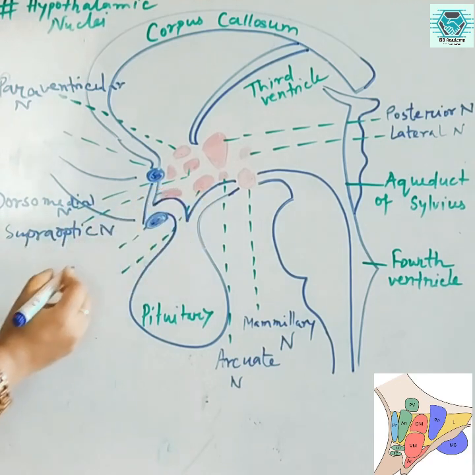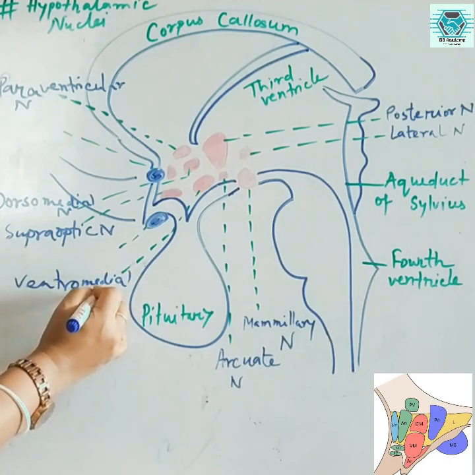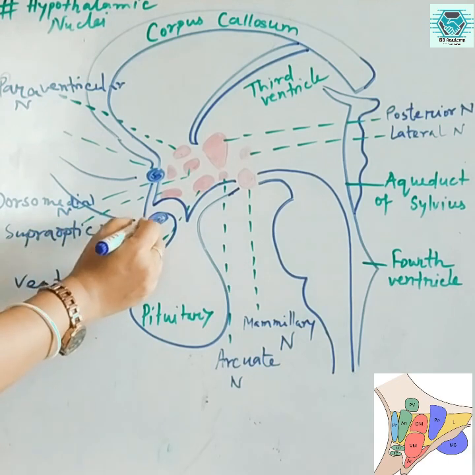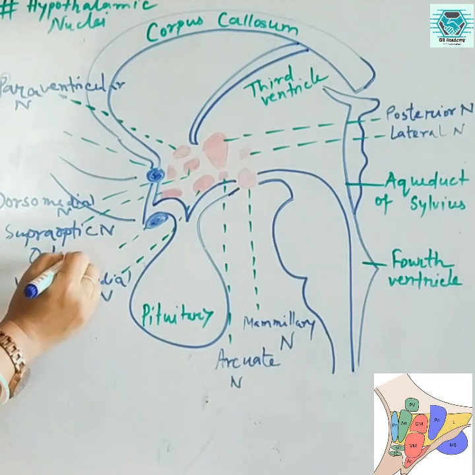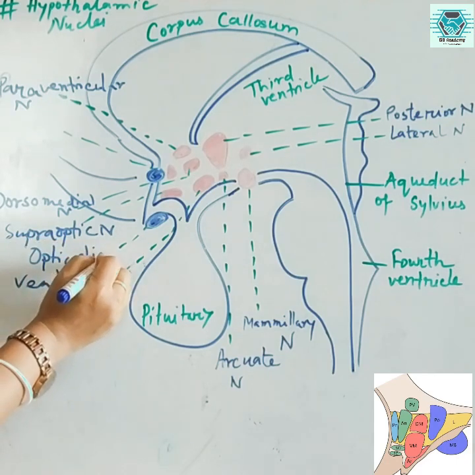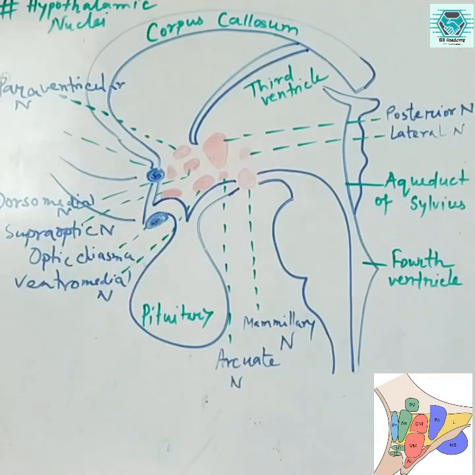And this one is ventromedial. This is optic chiasma. This one is preoptic nuclei.